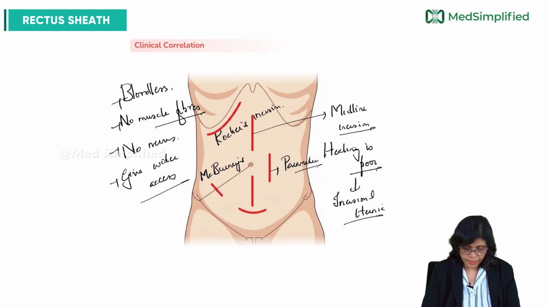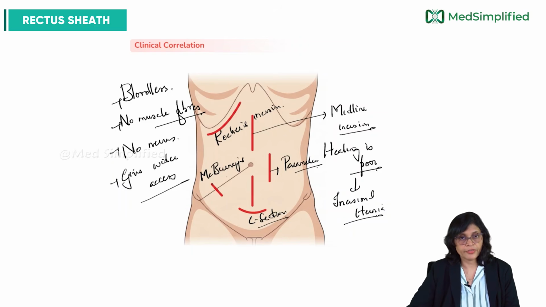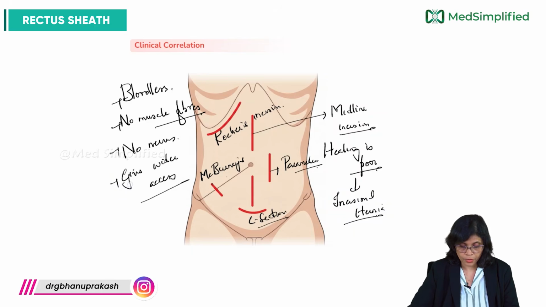Then we give the transverse incision in the lower part, which is usually done for C-section. So these are the different incisions which we give on the anterior abdominal wall.